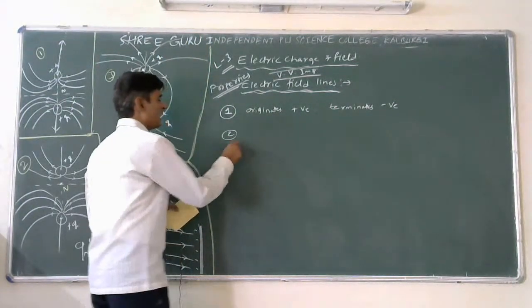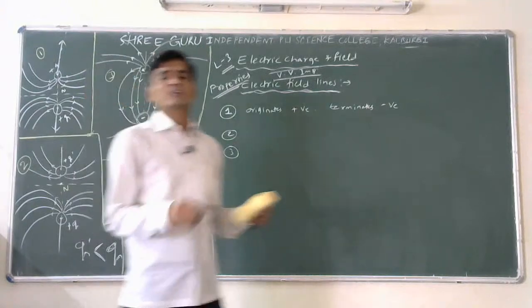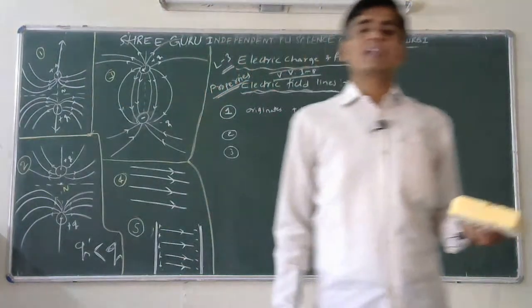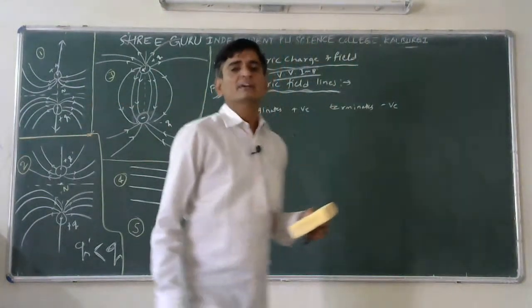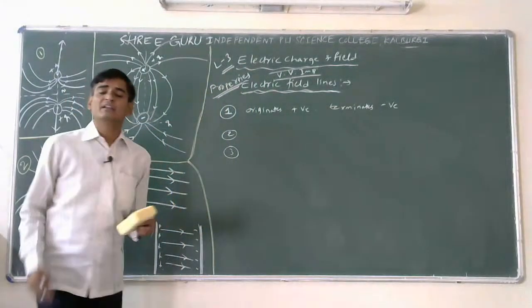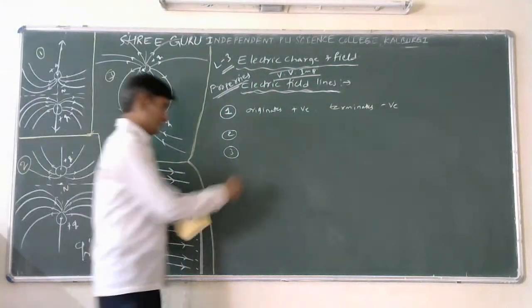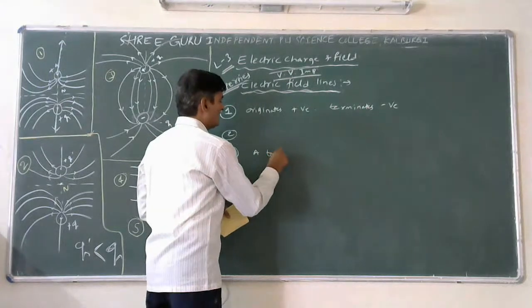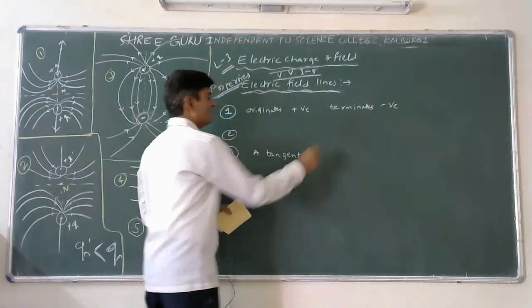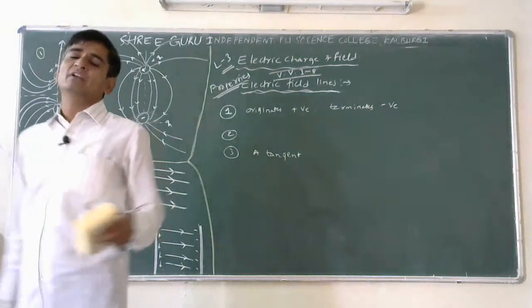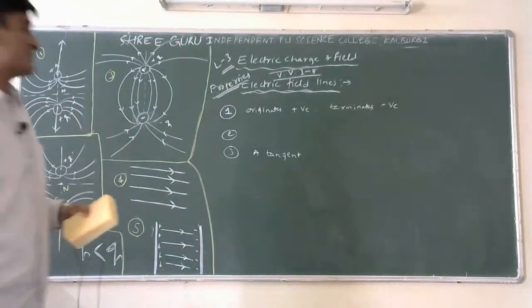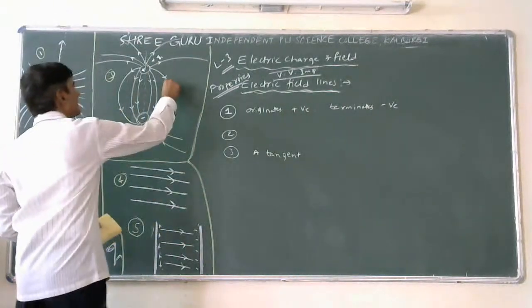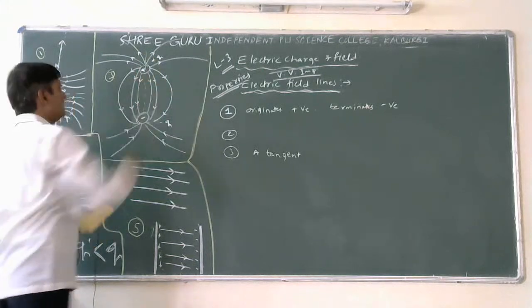Third one, a tangent drawn to the electric field line at any point gives the direction of the electric field intensity at that point. So see here.